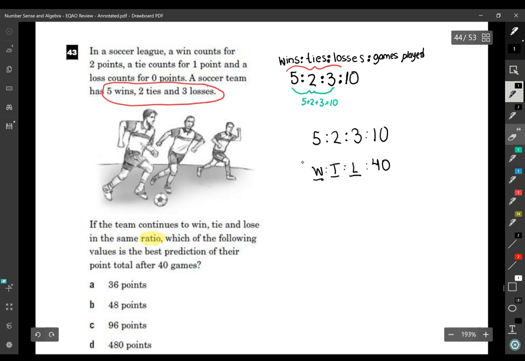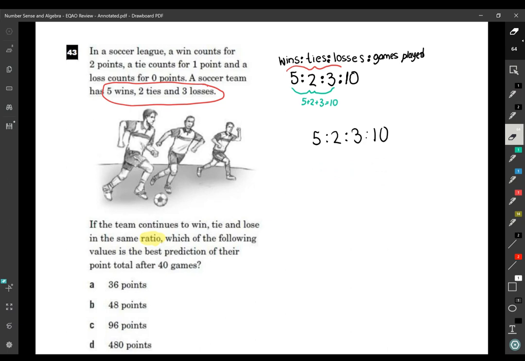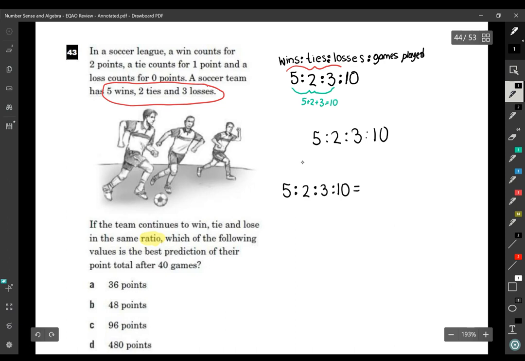Okay, so bear with me here. I'm just going to give myself a bit more space. 5 to 2 to 3 to 10 is equal to something to something to something to 40, where this is our wins, this is our ties, this is our losses.